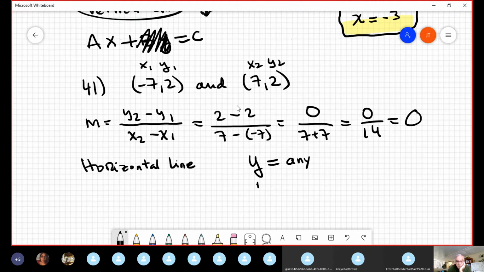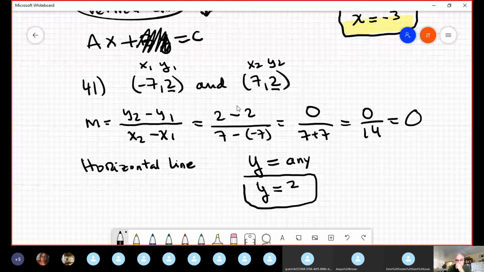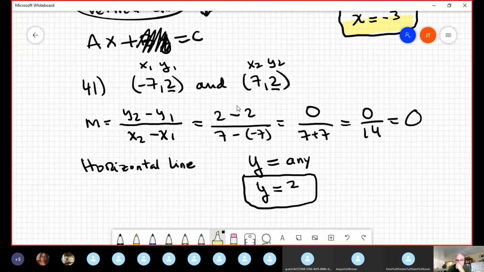But what is the number in this particular example? I come back to the point, and I see that it's always 2. The value gets repeated, right? This is the equation for this horizontal line. Do you understand the special case very well?